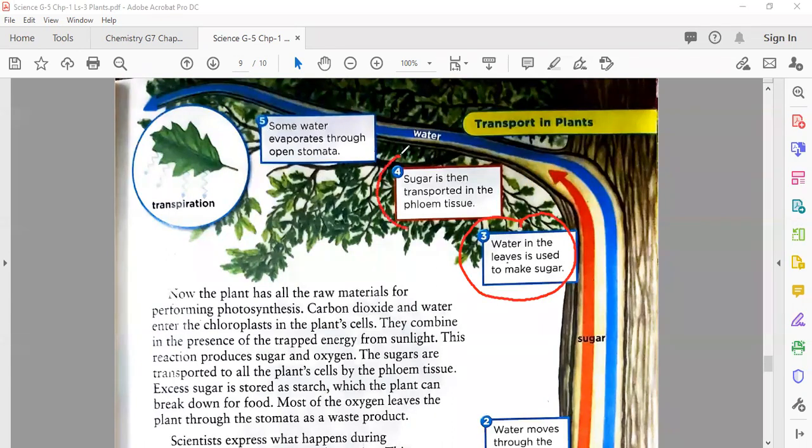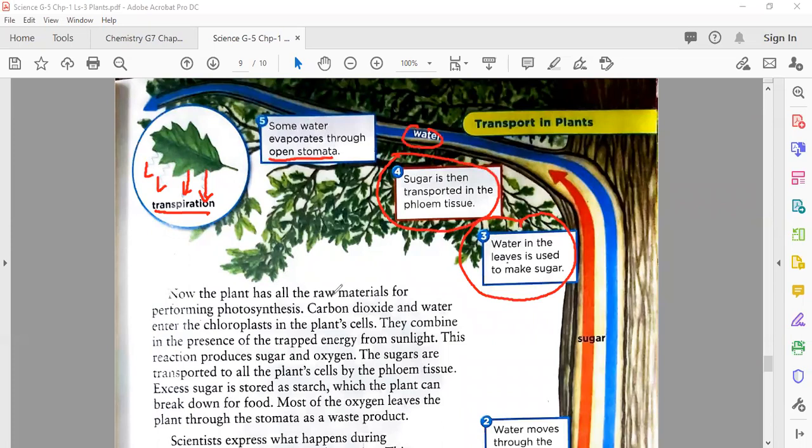Then the sugar is transported in the phloem tissue and it will come everywhere. Look, this water is moving up. Some water evaporates through open stomata. So when this water comes out from the leaf through the stomata, this process is named transpiration.